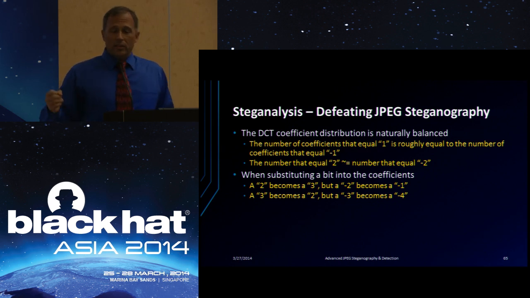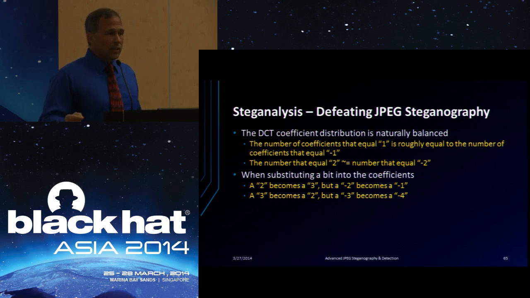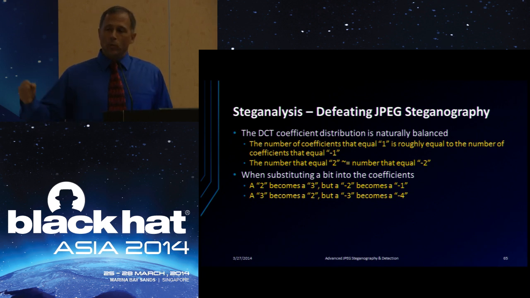When we substitute into a positive 2, that changes to a 3, and a positive 3 changes to a 2. So we're swapping between 2 and 3 when we change the least significant bit. On the negative side, negative 1 becomes negative 2, and negative 2 becomes negative 1. So when we randomly hide in both positive and negative DCT coefficients, we upset the balance of them.